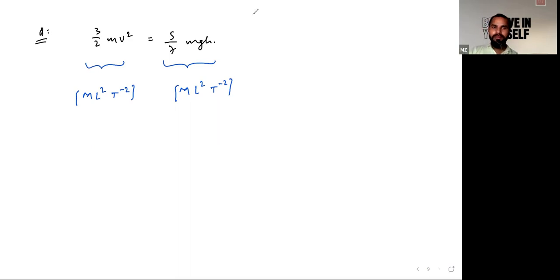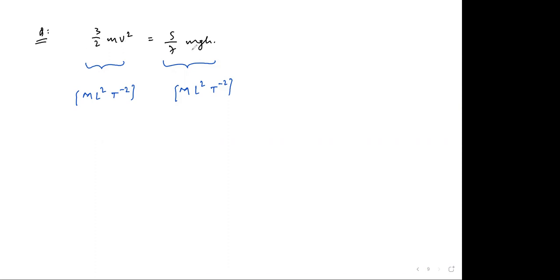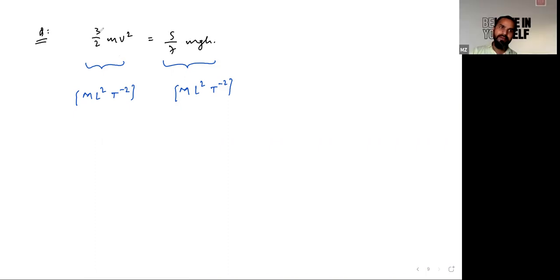But numerically, these two equations are not correct. For kinetic energy, we would have just half in the coefficient of mv square. And for potential energy, it would be just 1. But here we have 3 by 2 and here we have 5 by 7. So we can say this is in actual not correct, but dimensionally this equation is correct.